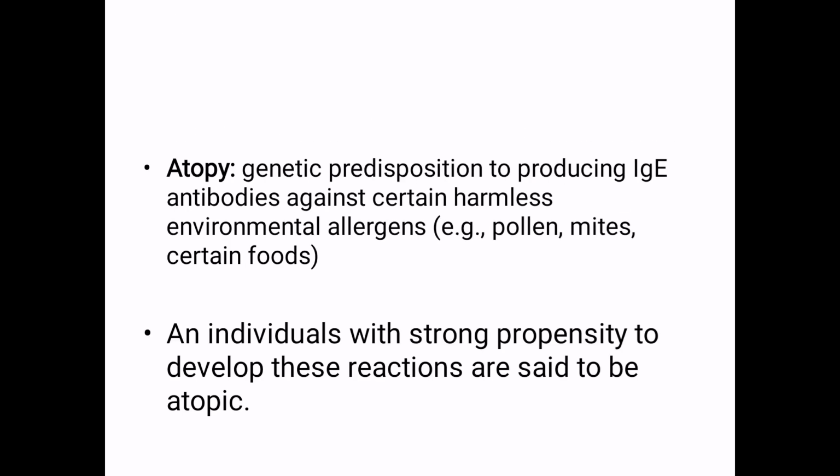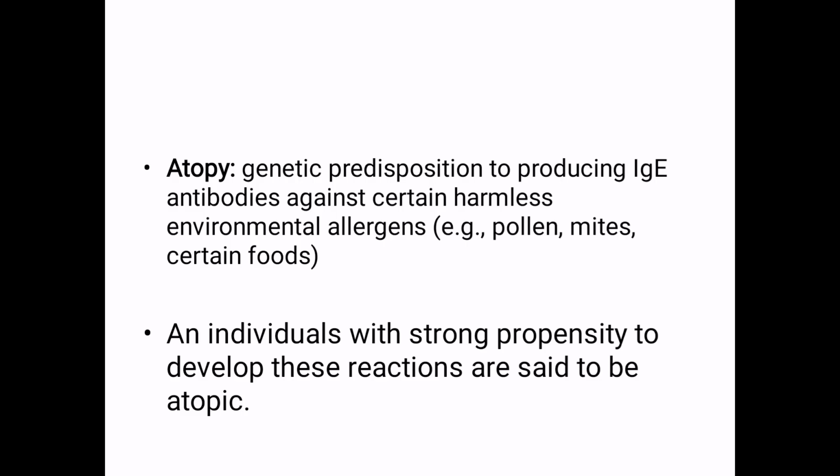Let us know about atopy. Atopy is a genetic predisposition to produce IgE antibodies against harmless environmental allergens. So when a person is genetically predisposed to develop an immune reaction against a harmless antigen, we call this person atopic.